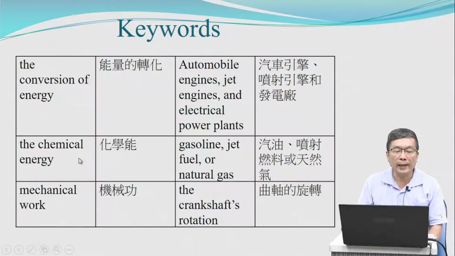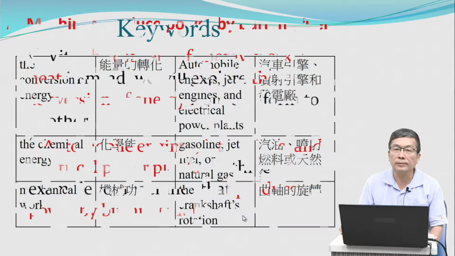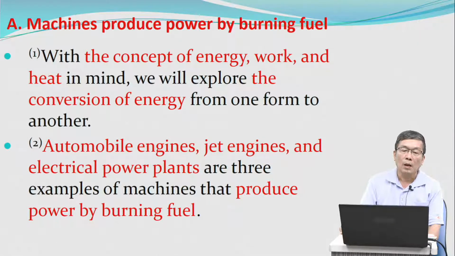The chemical energy in gasoline, jet fuel, or natural gas is converted into mechanical work, the crankshaft rotation. Machines produce power by burning fuel.